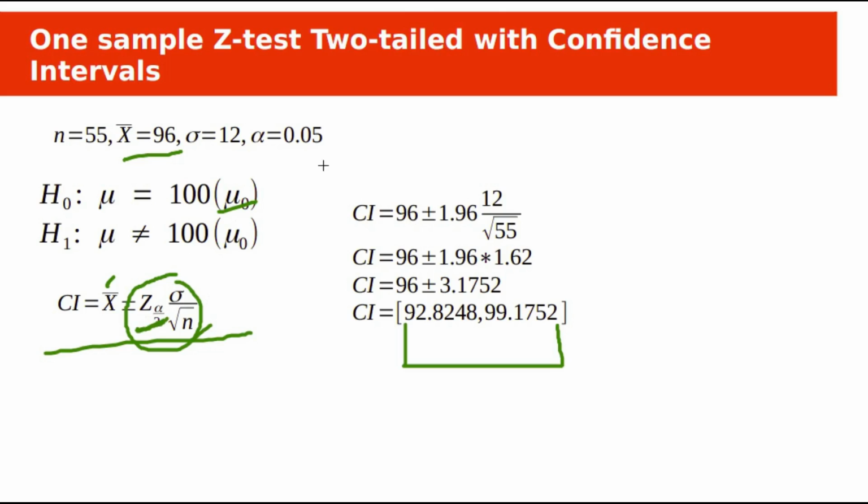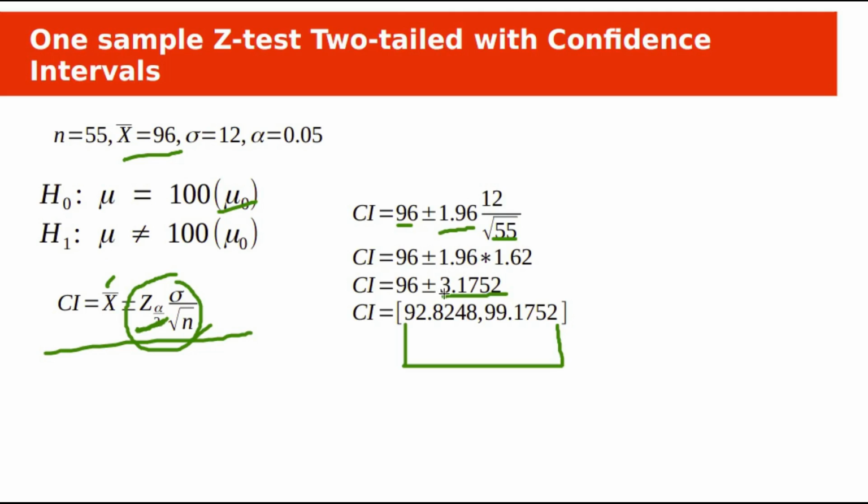Let's substitute the values within this formula. Sample mean is 96 and z critical value for 95% confidence level for two-tailed test is 1.96. Just now we have calculated, and sigma is 12 and sample size here is 55. Simplify this and calculate the result.